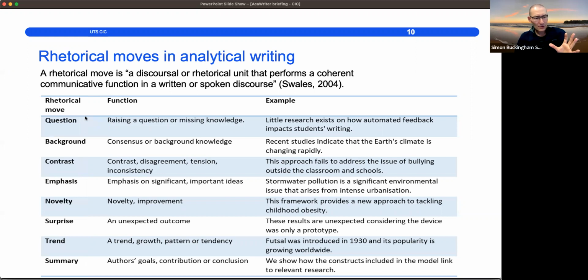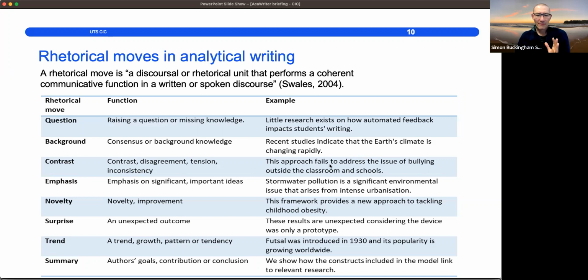The rhetorical moves are like shorthand terms that we've invented to capture the functions that these kinds of sentences are playing. So expressing surprise about something: these results are unexpected considering and so on. Or contrast. We're very interested in disagreements and debates in academia, right?